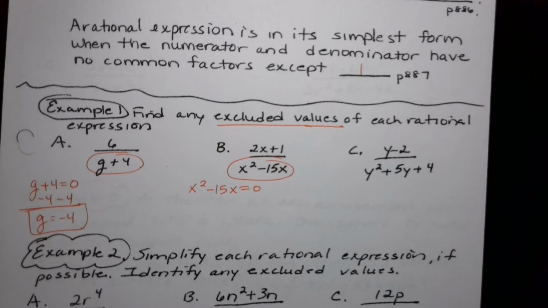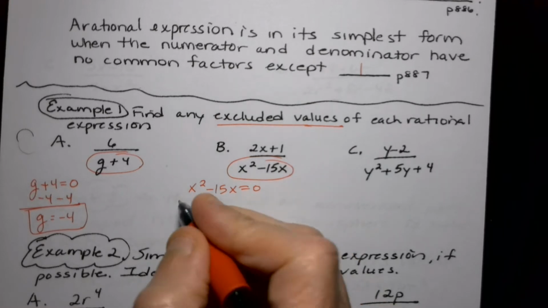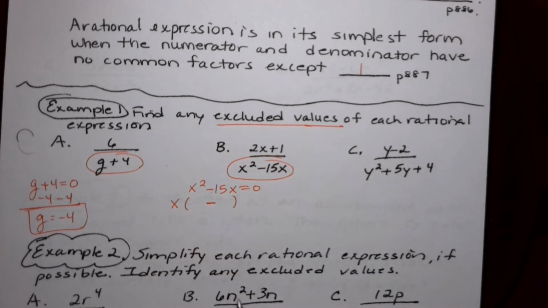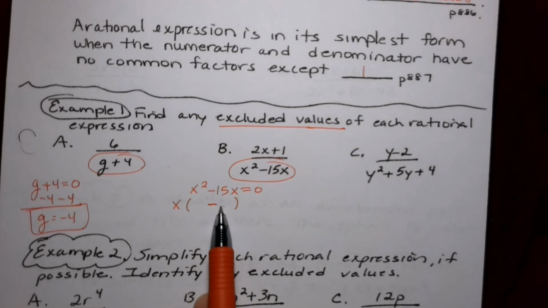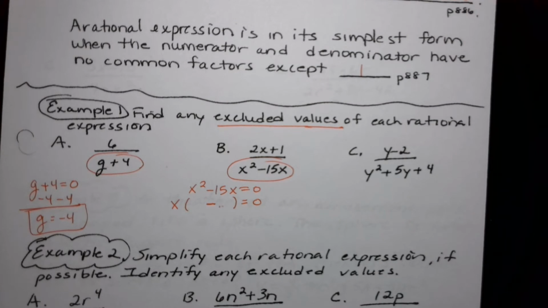The first thing we learned was greatest common factor. And that was when we looked to see if there was anything the same in both of them. And there is. What is it? There's an x. So I'm going to factor out an x. I still will have 2 terms inside, same number of terms, and it is still equal to 0.